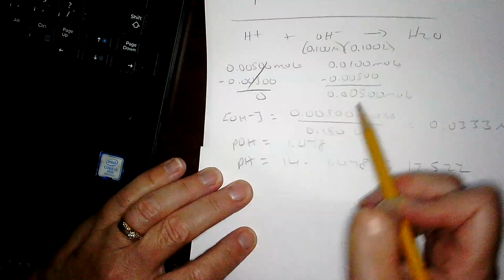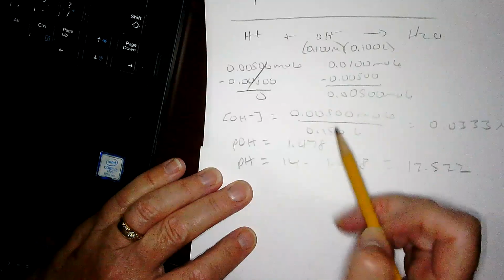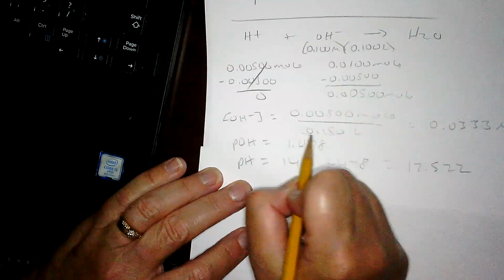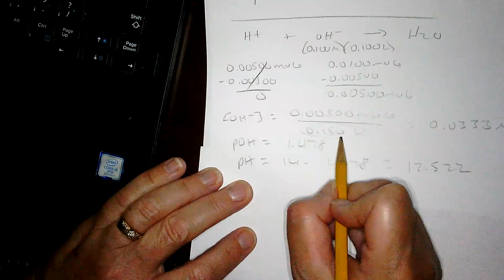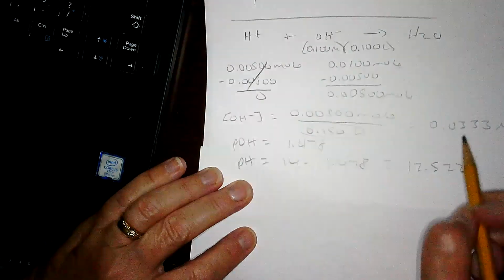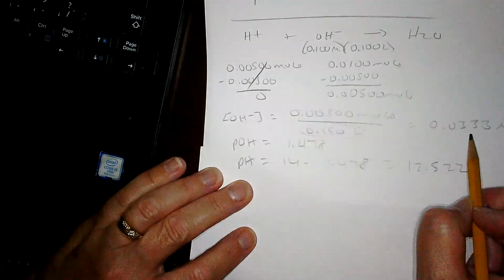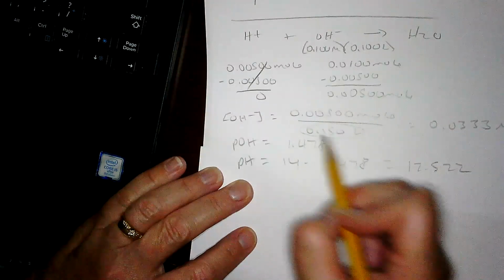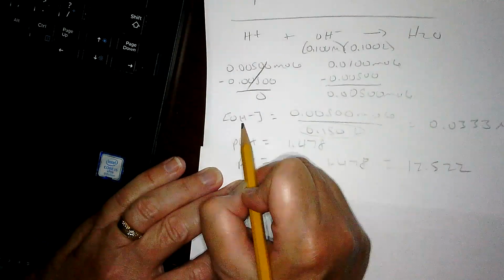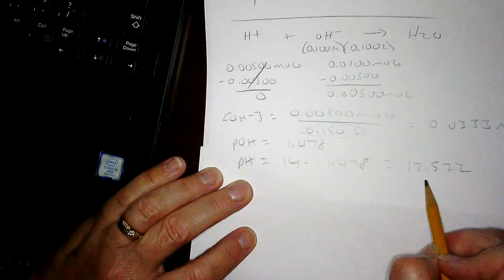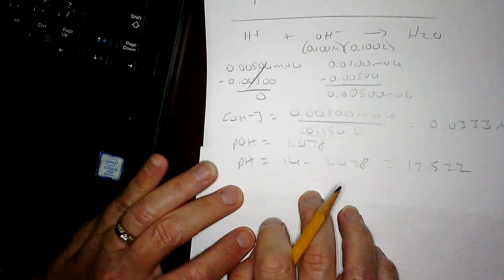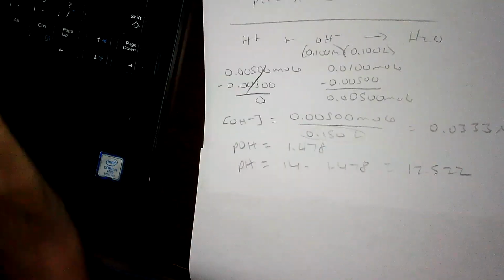We need to calculate the concentration. This is the total volume, 50 plus 100, I think that's what it was. So we get our molarity. We can calculate the pOH, since this is hydroxide, subtract it from 14, and we can figure out our pH. Okay, strong acid, strong base, all good?